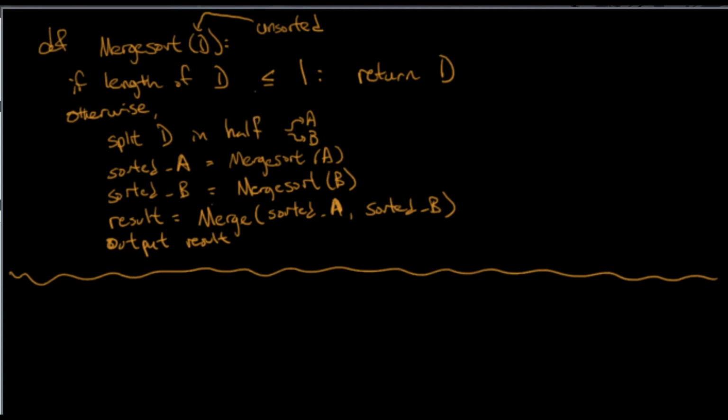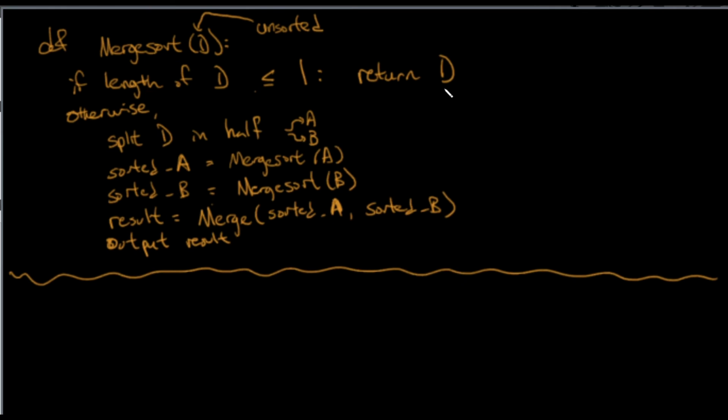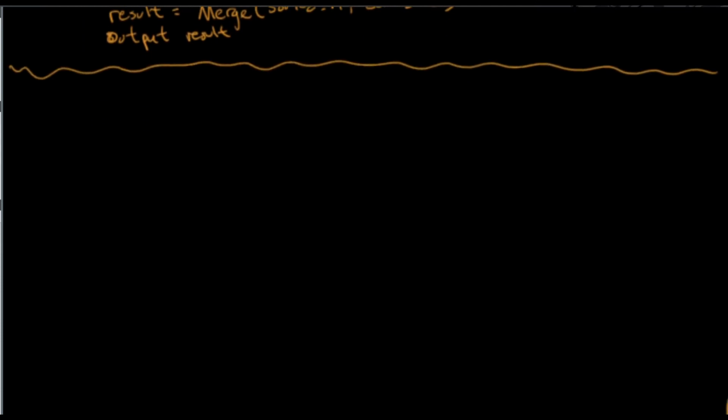And so let's try and think of this code right here as if we were going to call it. Let's do an example array actually. Let's say we had an array of length, why don't we say 8?